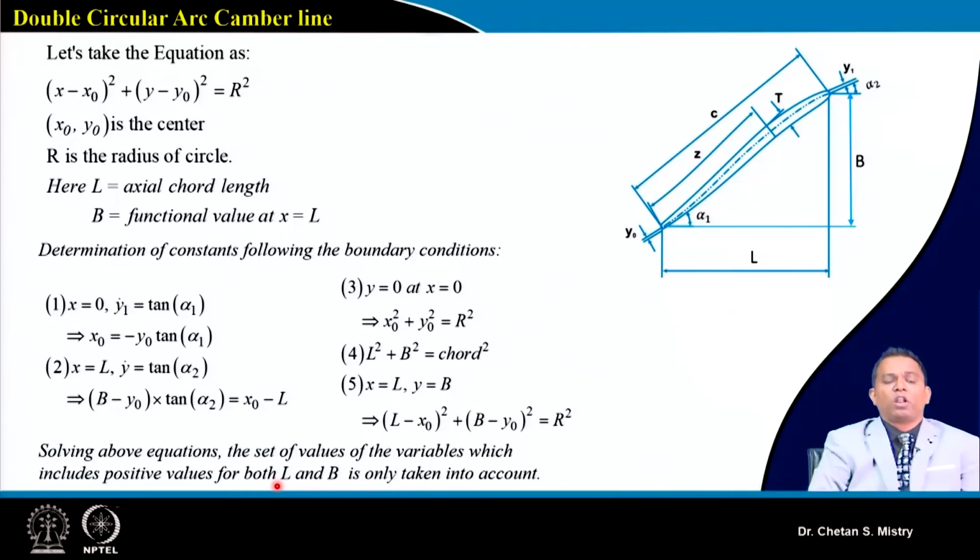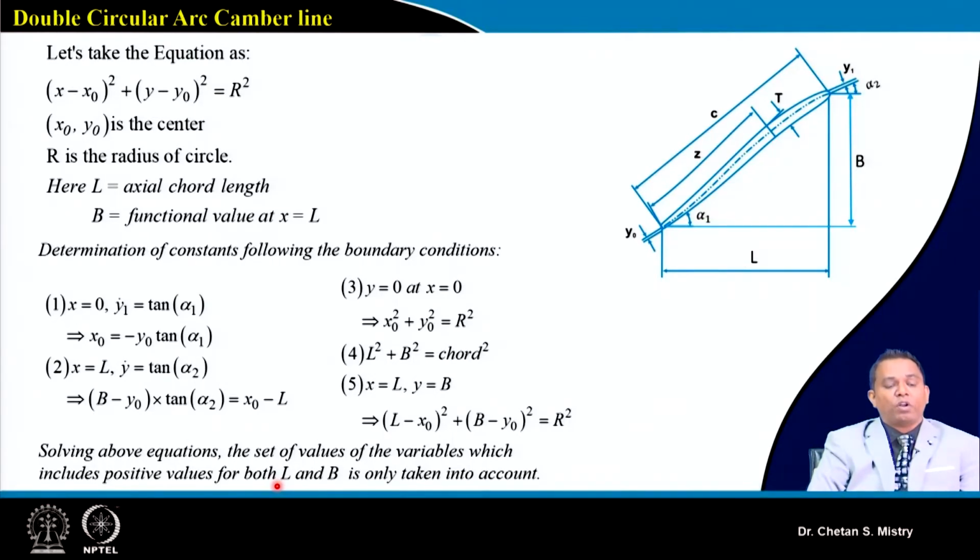Now, for the double circular arc aerofoil, or double circular arc camber line, what we are looking for can be represented in terms of this equation, (x minus x0) square plus (y minus y0) square equal to r square.